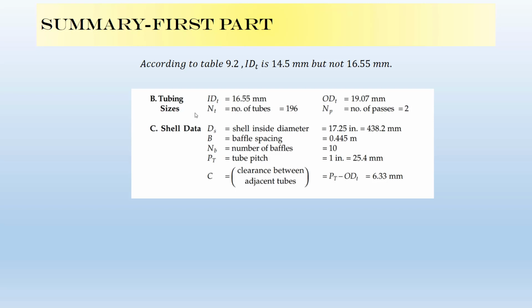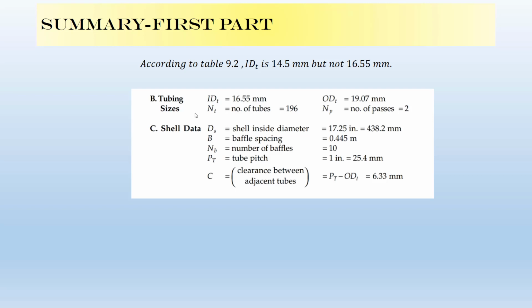Now, you are asked to find the exit temperature. To find the exit temperature, you need to find the overall heat transfer coefficient. To find the overall heat transfer coefficient, you need the heat transfer coefficient for both hot and cold fluids. To find h, you need to find the Nusselt number. To find the Nusselt number, you need to find the Reynolds number. To find the Reynolds number, you need to find the velocities.